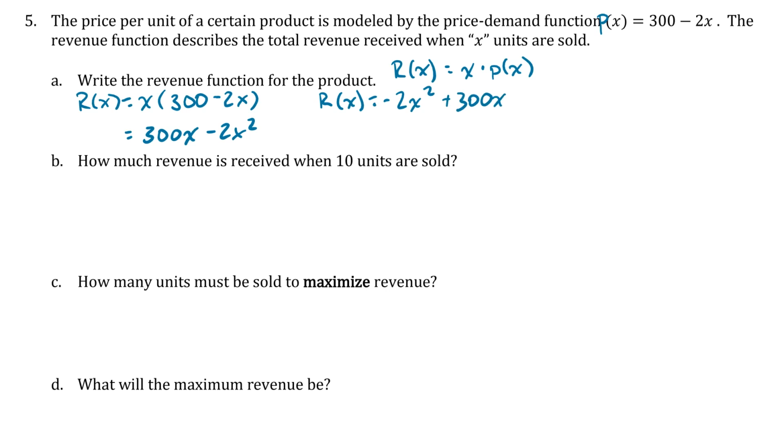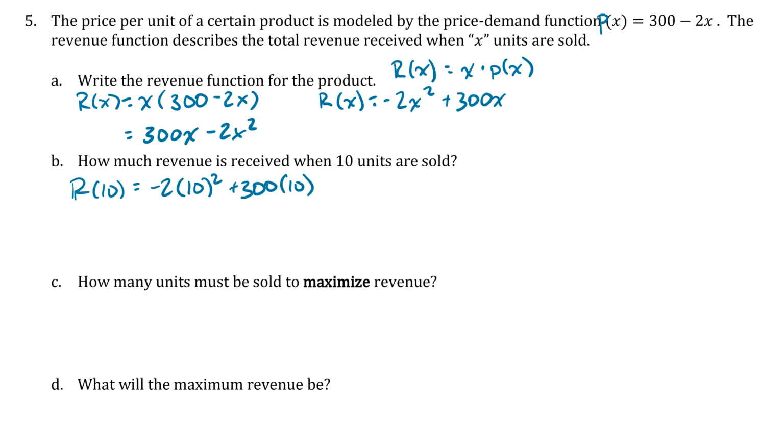All right, for part B, how much revenue is received when 10 units are sold? All right, so for 10 units, that means we're just going to do R of 10. So it's going to be negative 2 times 10 squared plus 300 times 10.